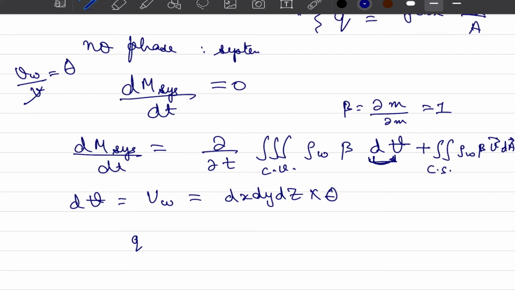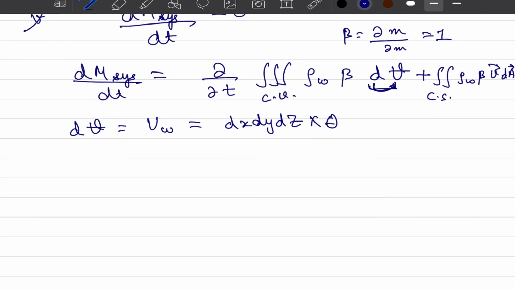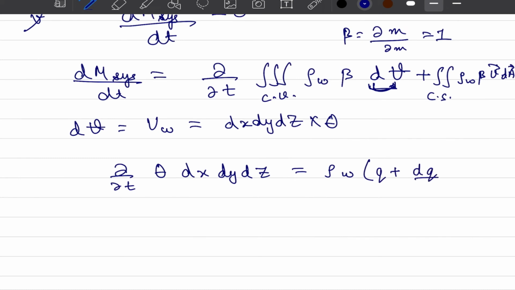So when we substitute these expressions here, we end up with a simplified expression which looks like this: del upon del t of theta into dx dy dz is equal to rho w q plus del q by del z into del x del y minus rho w q dx dy.